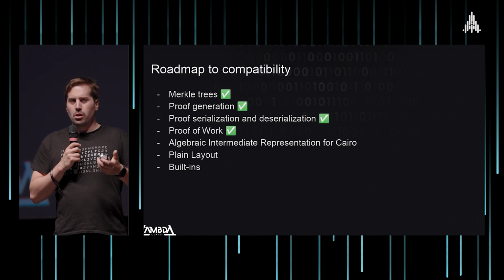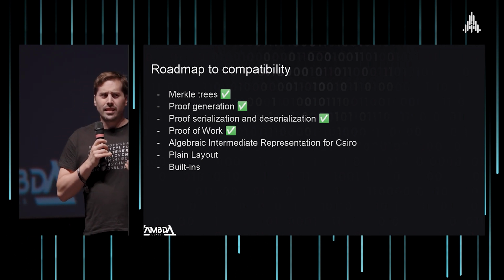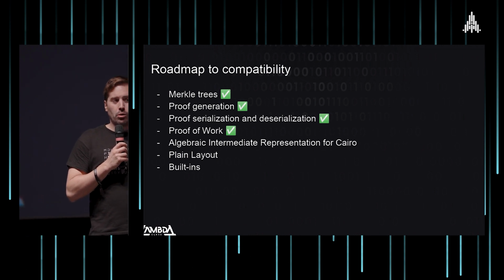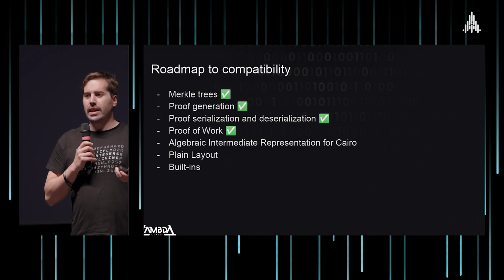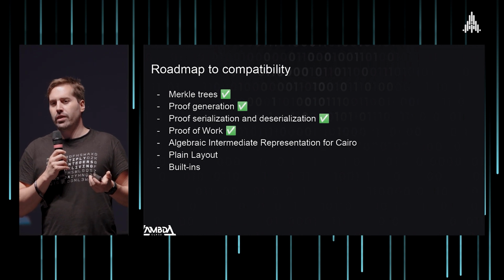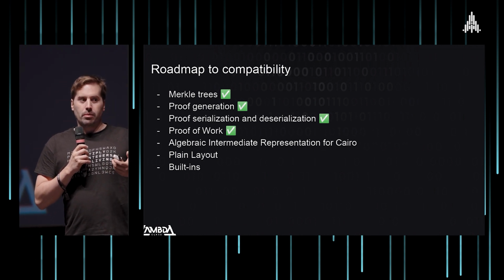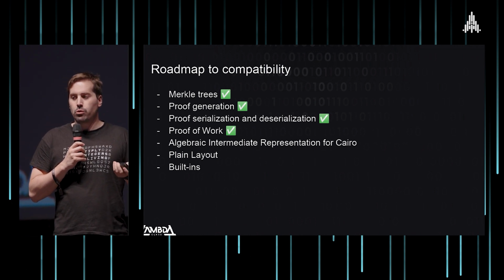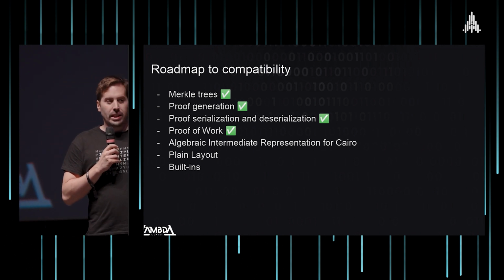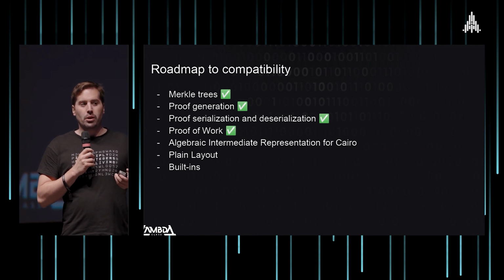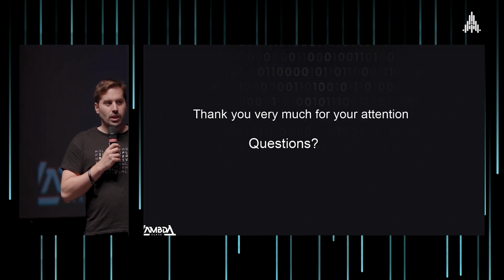We have to organize the constraints exactly in the same way as the Stone prover. I hope we will get very soon to the plain layout, and so you will be able to verify directly in the L2 verifier simple programs in Cairo, and then we will have to add the built-ins, and so you will be able even to prove recursive programs.